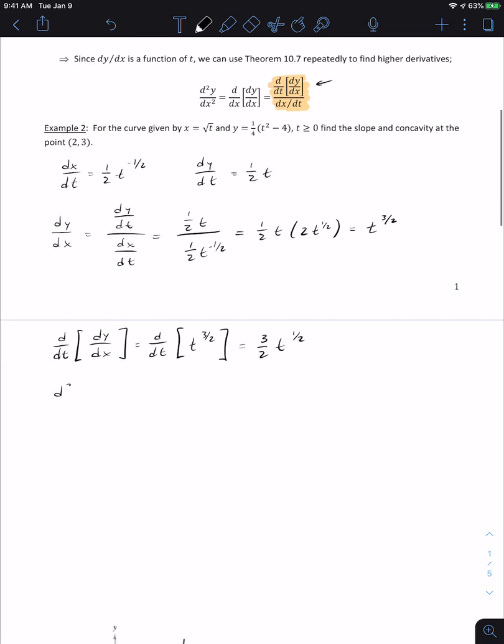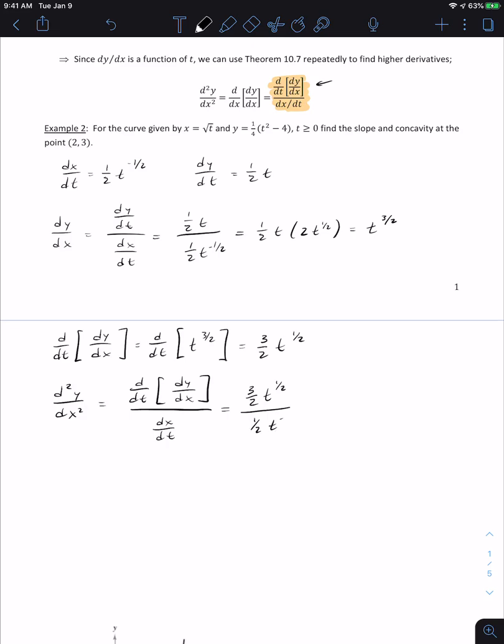My second derivative, d squared y over dx squared, is equal to the derivative of my derivative, dy/dx, over the derivative of x, or dx/dt. So it ends up being 3/2 t to the 1/2 divided by the derivative of x, which is 1/2 t to the negative 1/2.